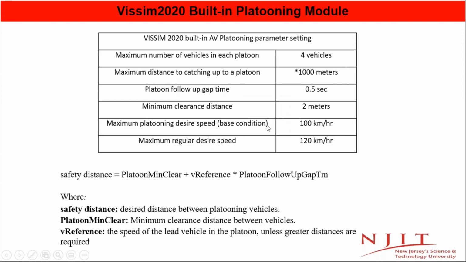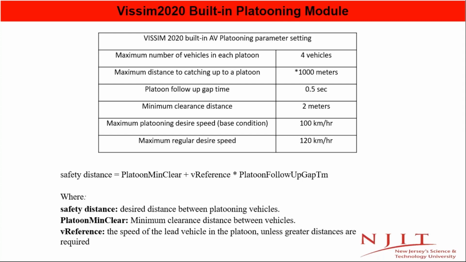On the other hand, we have the Vissim 2020 built-in platooning module, which has several adjustable parameters. In the parameter settings for Vissim 2020 built-in, we tried to set parameters in a way to be compatible and comparable with our SMD model.